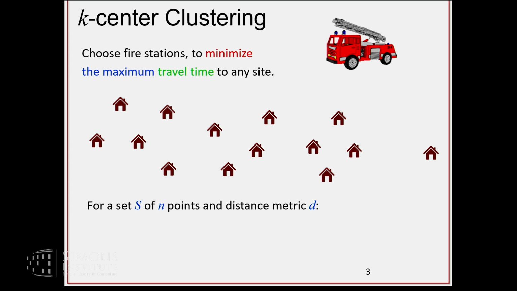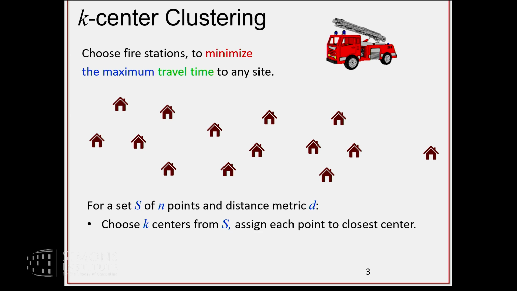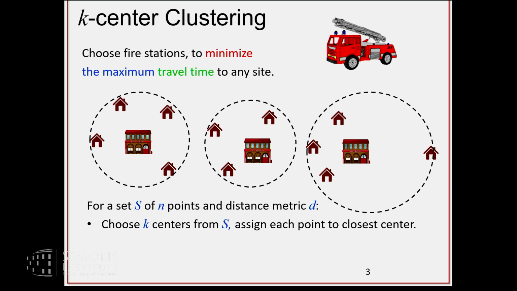To be a bit more specific, we're given a set S of n different elements and some distance metric between all the points. Then we want to choose k centers from the point set S and assign each point to its closest center. These are going to be the clusters.